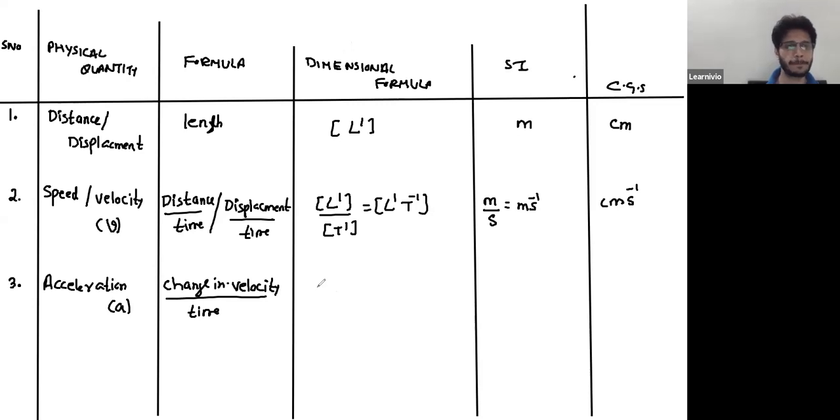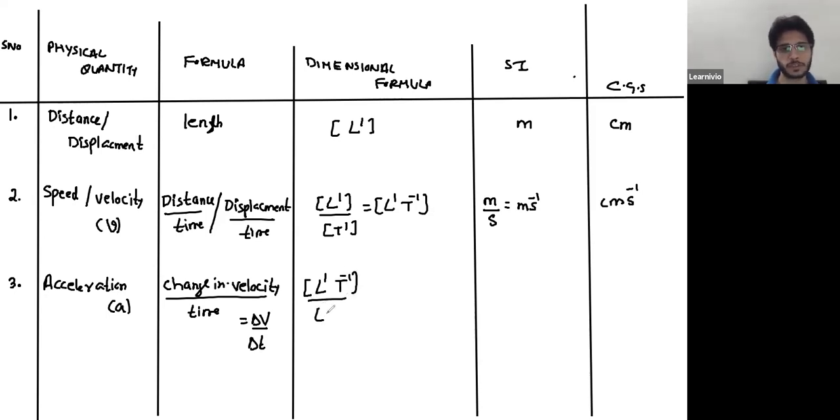Fazil, just tell me the dimensions of velocity. Velocity and change in velocity will have the same dimension. So what should be the unit of velocity? Meter per second. Dimension formula L1 T minus 1. And what about time?